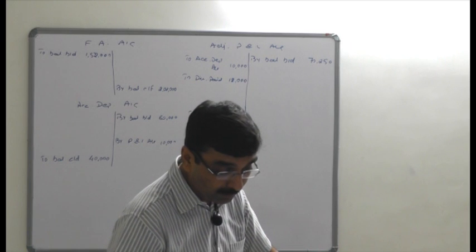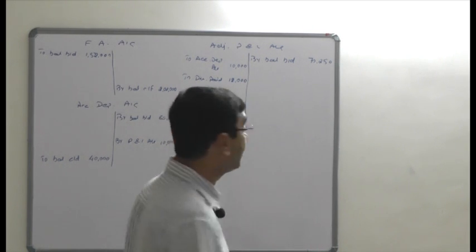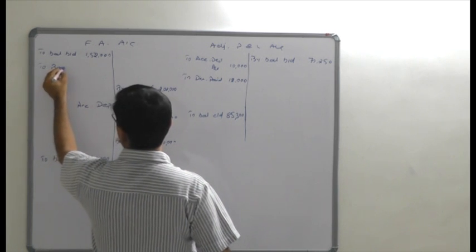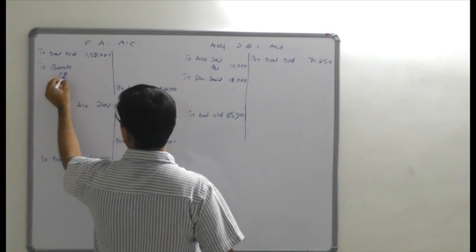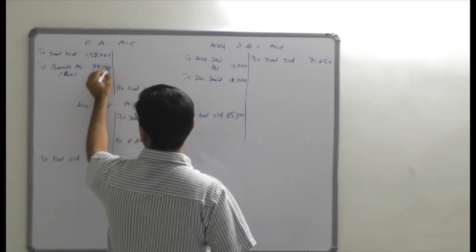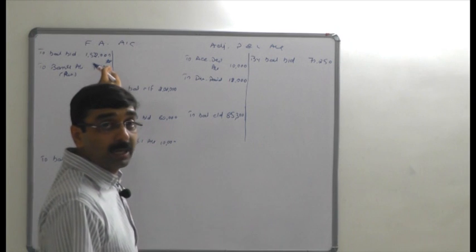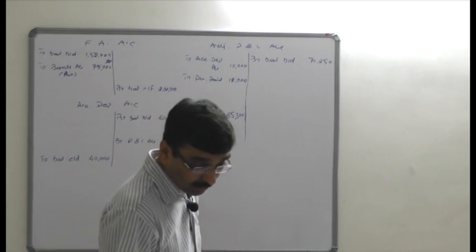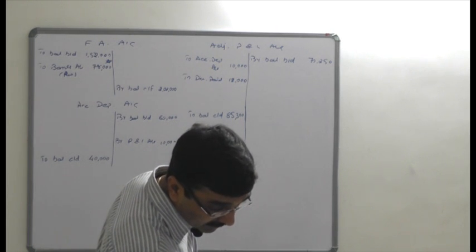Added means purchase, to bank account, 78,000 rupees. We make a star over here because another entry would be recorded in the cash flow statement under the investing activity. So during the year they purchased this building.